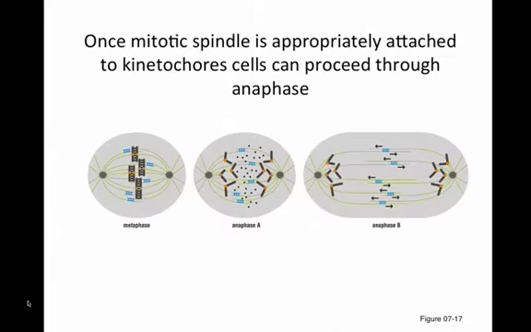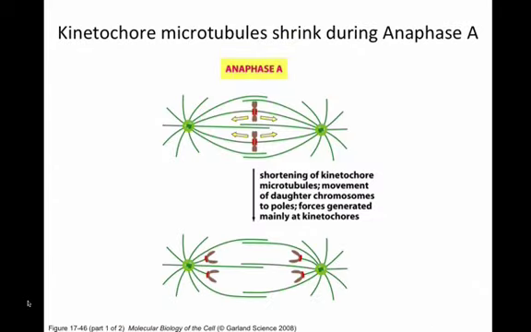Okay, so once the mitotic spindle is appropriately attached to the kinetochore, cells can proceed through anaphase. And that happens in two phases, anaphase A and anaphase B. In anaphase A, your kinetochore microtubules are shrinking, so that's that whole NDC80 complex and the disassembly of the microtubules, and they're shrinking and moving away.